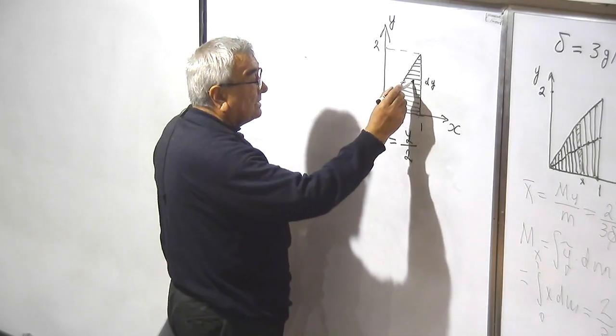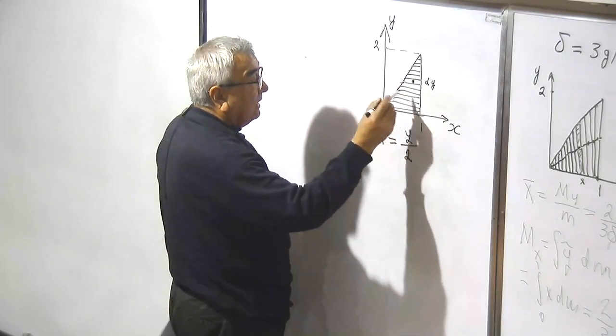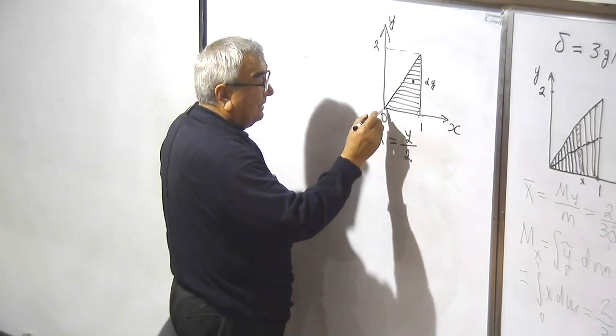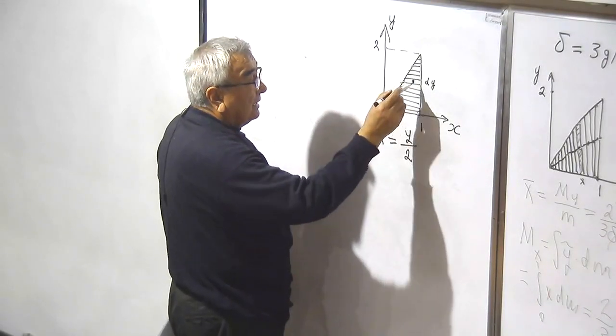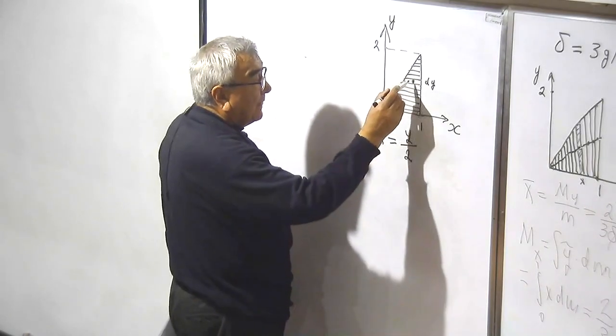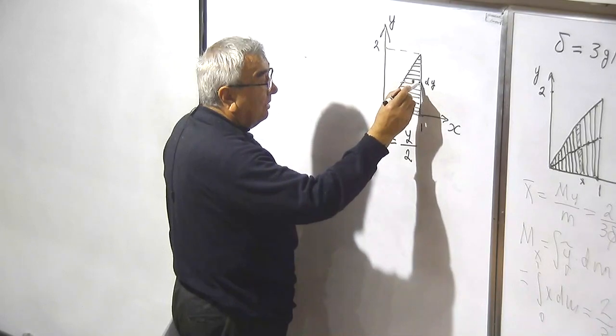So that is how it is possible to find the center of mass. This length is equal to 1. Here is the coordinate y.